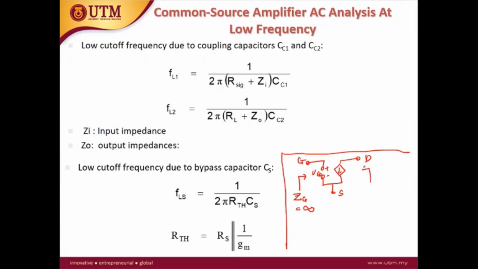The impedance seen from the drain, let's call it ZD, is also equal to infinity. The impedance seen from the source, ZS, is equal to 1 over GM. If you remember this equation, ZS equal to 1 over GM, you can do the analysis faster. So RS parallel with 1 over GM.